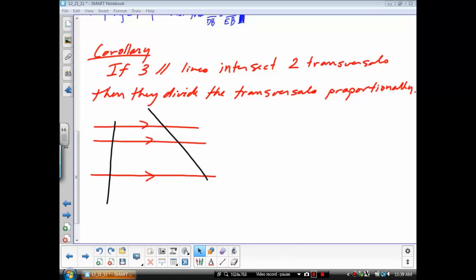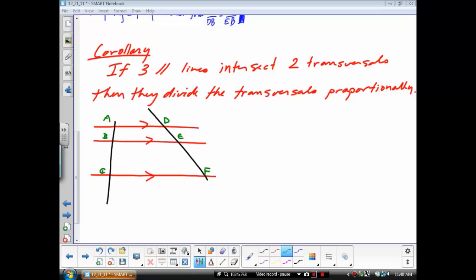If three parallel lines intersect two transversals, they divide the transversals proportionally. Oh, that's that big gap right there. So what proportionally means is that AB will be to BC as DE is to EF. The ratios will be the same.